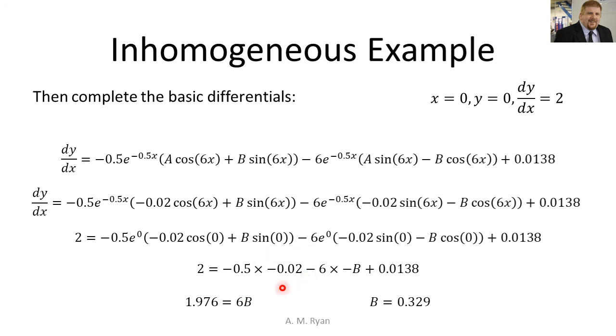That's just taking all of the numbers across to the left hand side and subtracting them, and multiplying minus 6 and minus b to get plus 6b, and from that b is 1.976 divided by 6, which is 0.329.